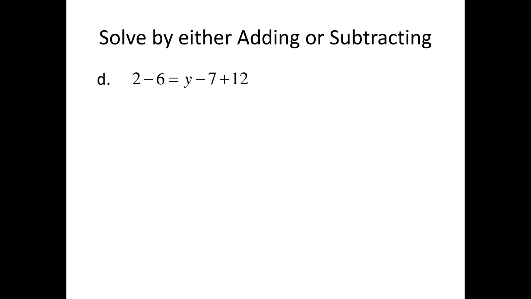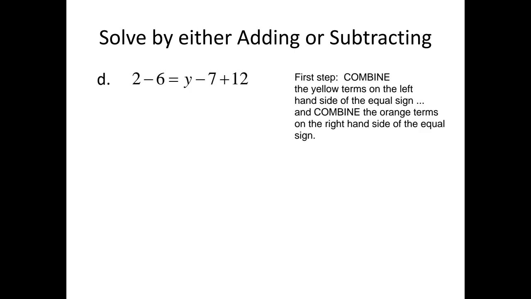Okay, well, these are my yellow terms. Here's my equal sign. The yellow terms are going to give me a -4.